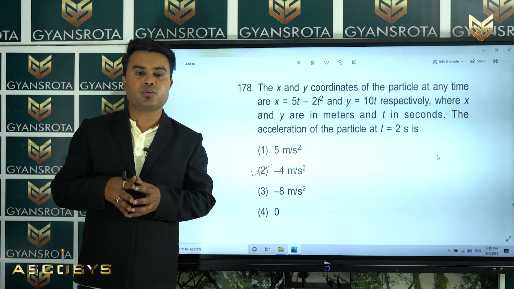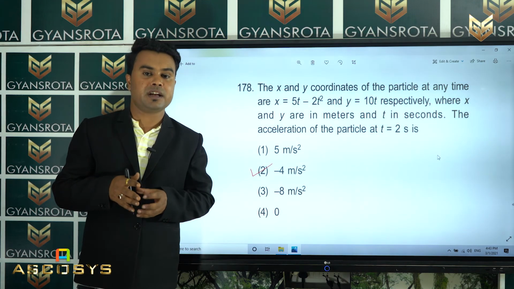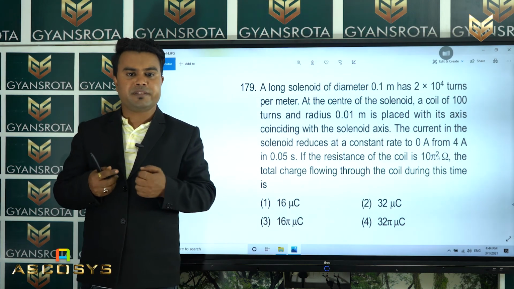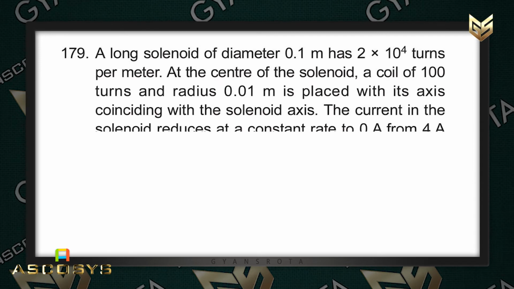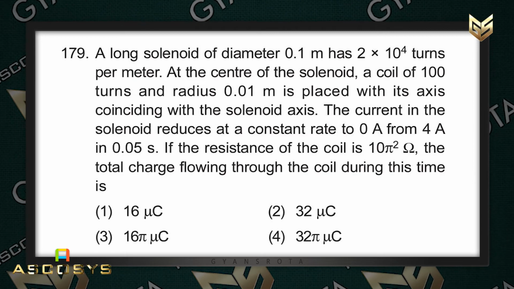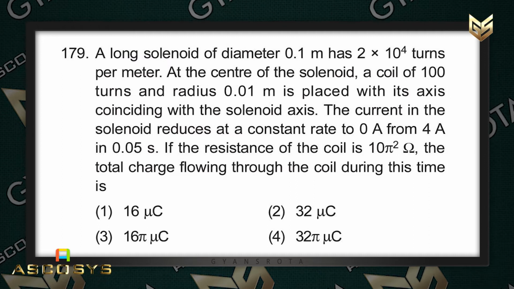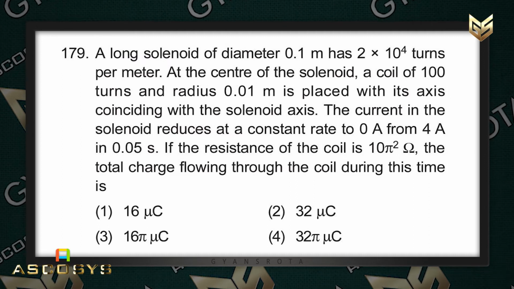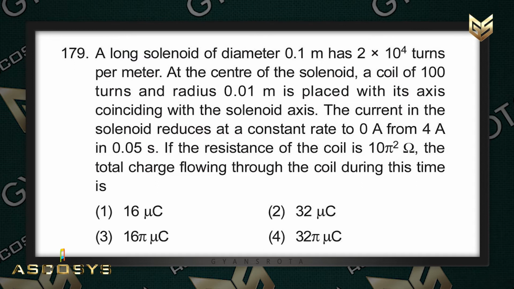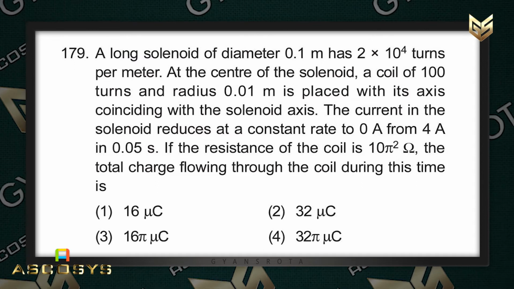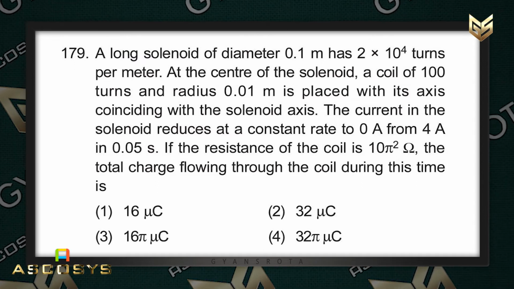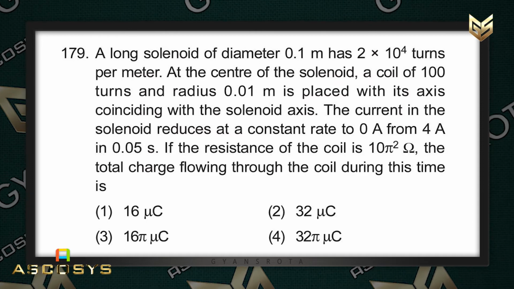So, now let us move to the next question, that is question number 179. Question number 179 says a long solenoid of diameter 0.1 meter has 2 into 10 to the power 4 turns per meter. At the center of the solenoid, a coil of 100 turns and radius of 0.01 meter is placed with its axis coinciding with the solenoid axis.